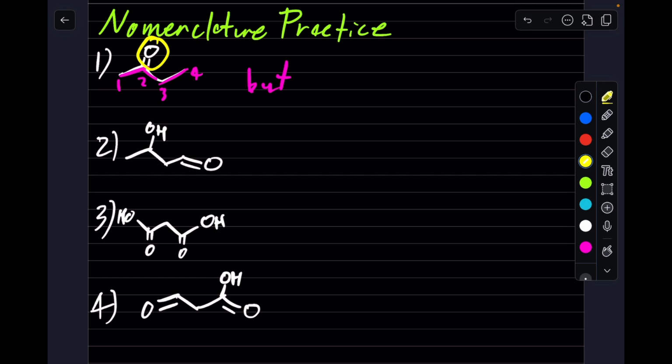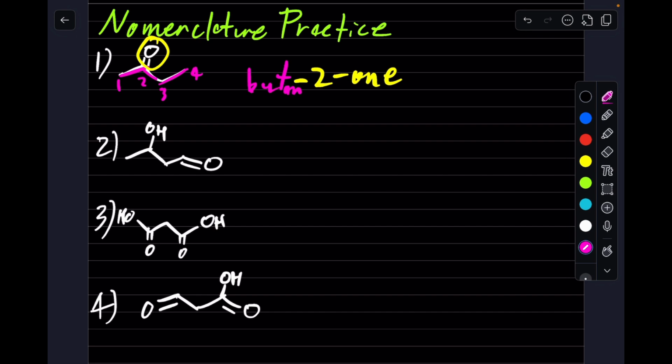And this is a ketone rather than an aldehyde because the carbonyl carbon is not attached to a hydrogen. This makes butan-2-one, yeah.